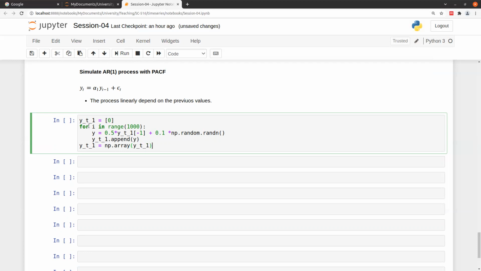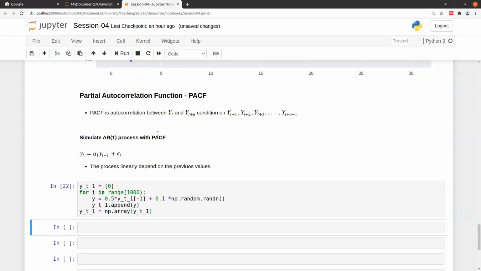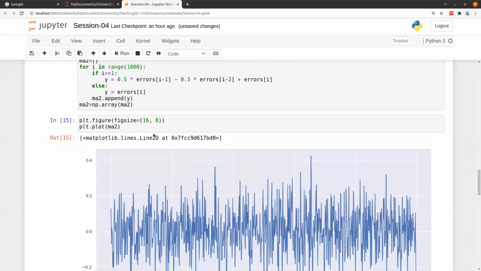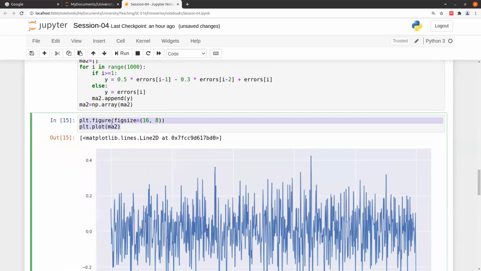Same one, right. Then let's just plot it to see what is there actually.